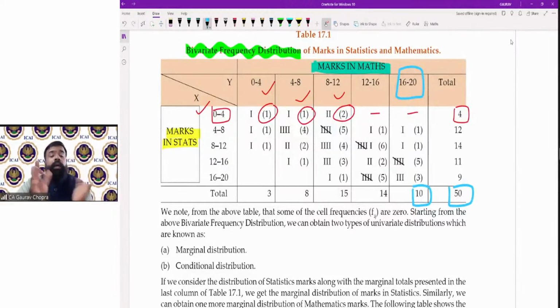Now, एग्जाम में इसके ऊपर question क्या बनेगा? This we have to discuss now. एग्जाम में क्या इसके अंदर calculation हमें करनी पड़ेगी? So the first point which can be asked is number of cells. Number of cells in bivariate frequency table. Now basically what is cells? Cell हम किसको बोलते हैं?